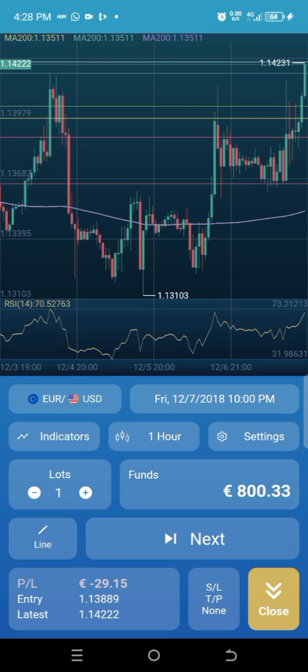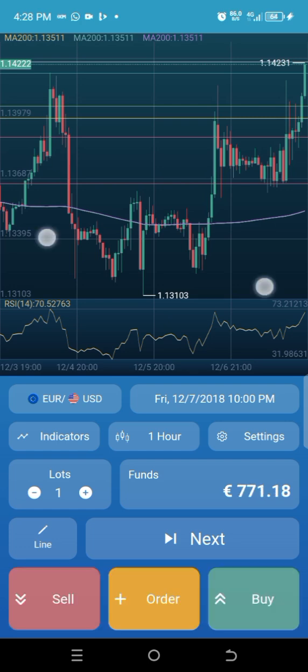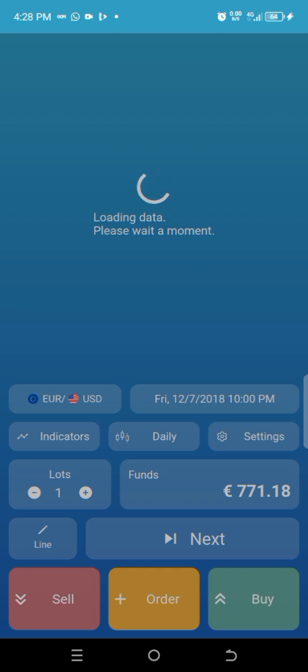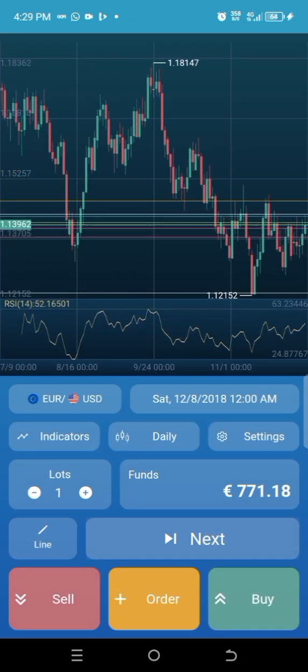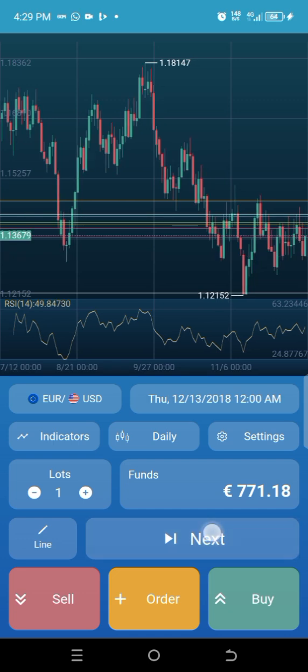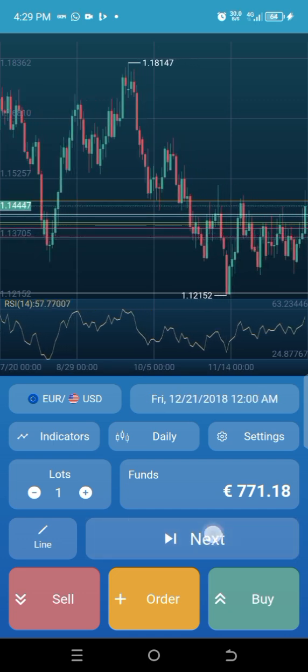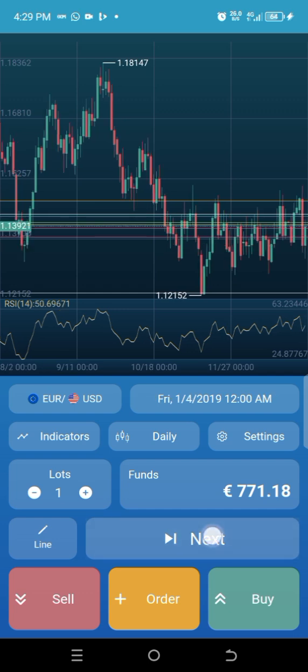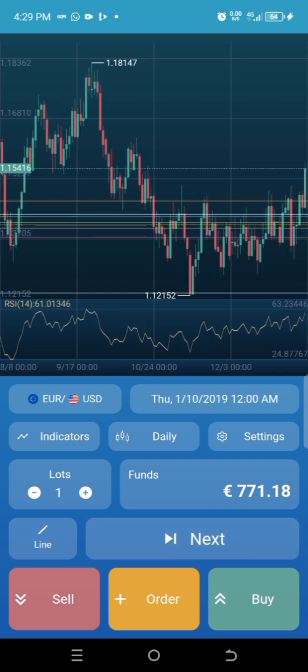Stopped out. Let's wait for price to leave that area. Not yet. Not yet. Okay. Left that area.